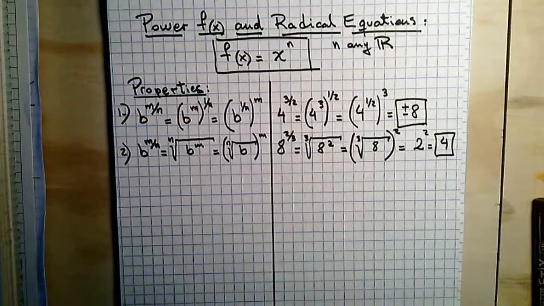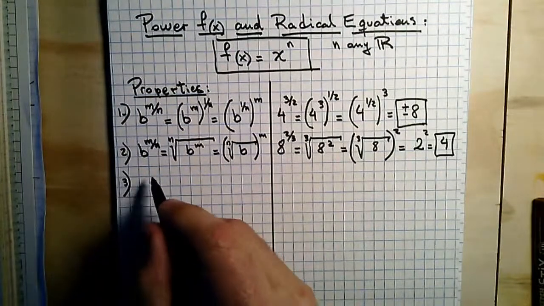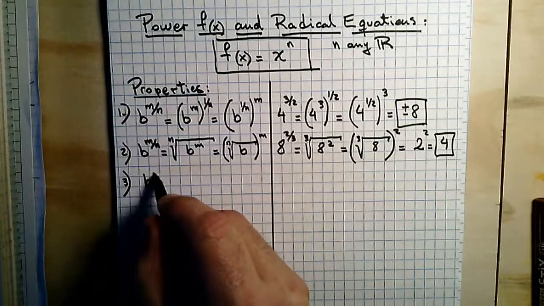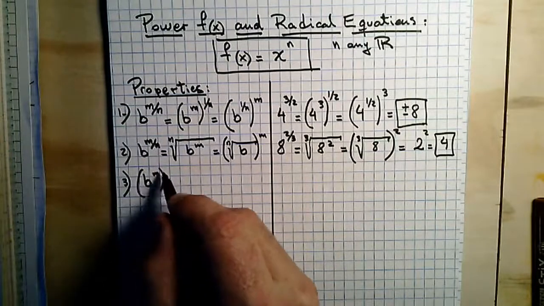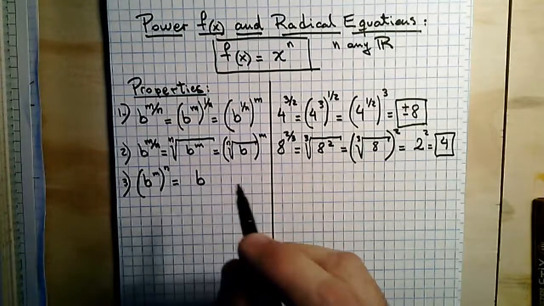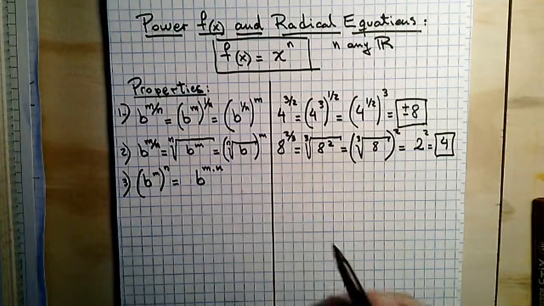Very good. Property number 3. It's a very common property where I have b to the power of m and everything to the n power. So the final expression is going to be b to the power of m times n.